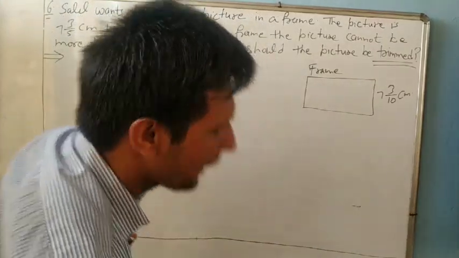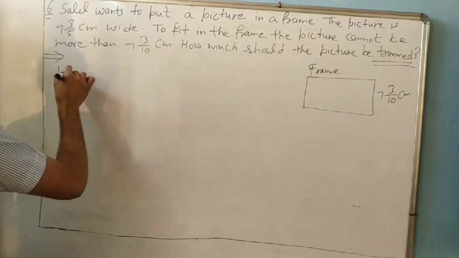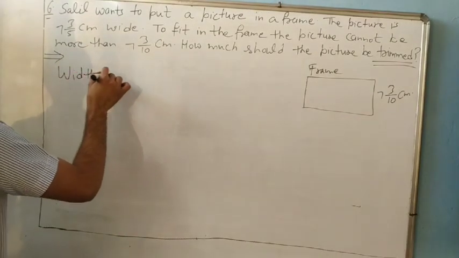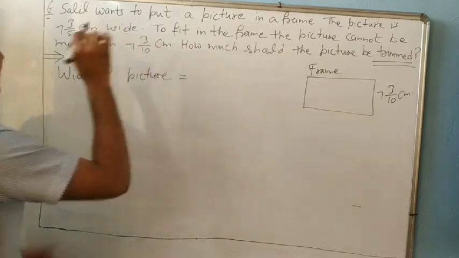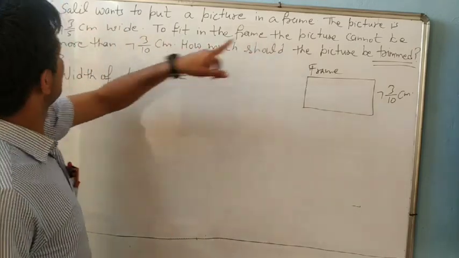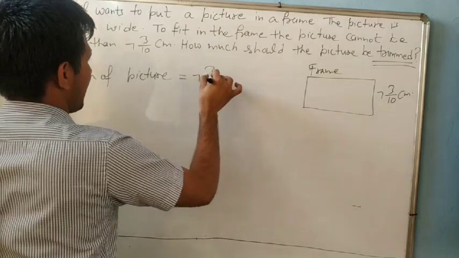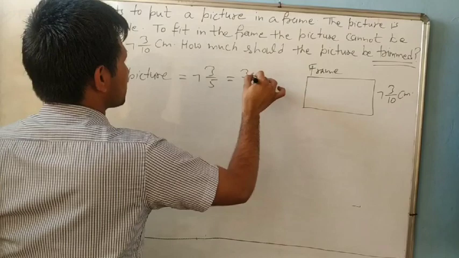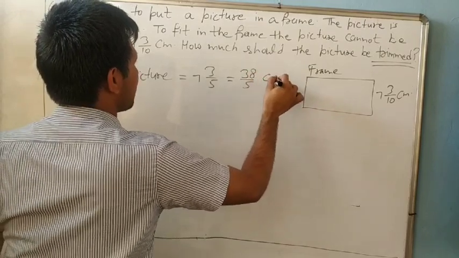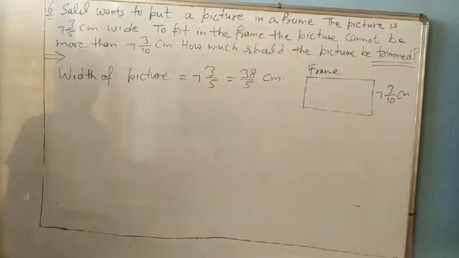So first we will find the width of the picture. Width of picture is 7 and 3 upon 5. 7 fives are 35 plus 3, 38 upon 5 centimeter. Same as it is.